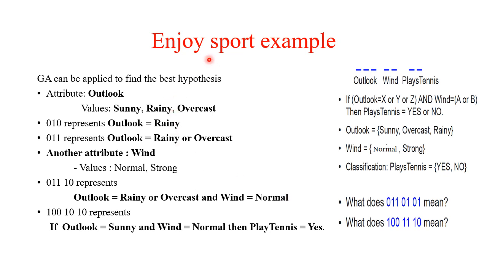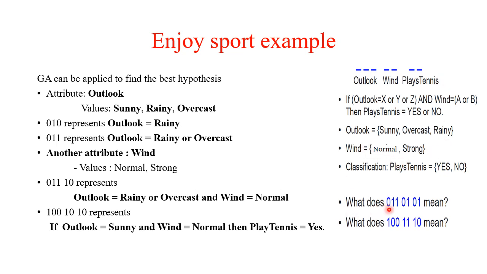So in this example, the population contains hypotheses. 10010 represents if outlook equal to sunny and wind equal to normal, then play tennis equals yes. In this scheme, a hypothesis can be represented as a binary string which represents the outlook value, wind value and the play outcome value.